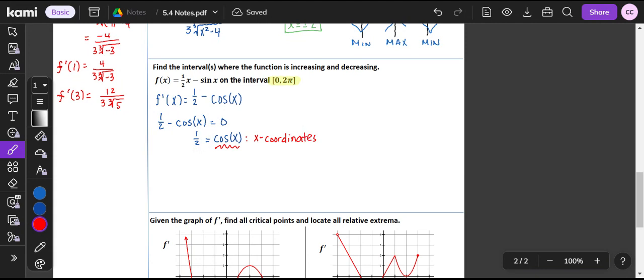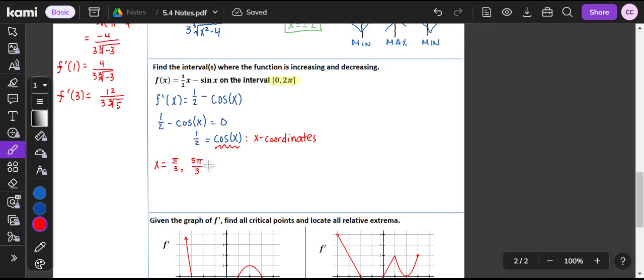So the first time that occurs, I believe, is at pi over 3, and that's in quadrant 1. If you jump over to quadrant 2, all the x values are negative, so I can ignore that. Quadrant 3, all the x values are negative, so I can ignore that. And then this is going to happen again in quadrant 4. And let's see, I believe that will happen at 5 pi over 3.